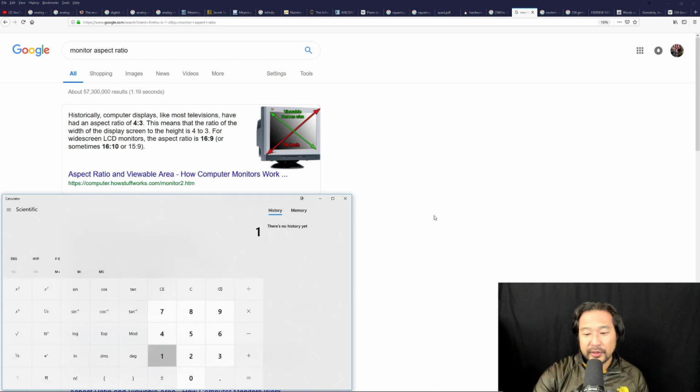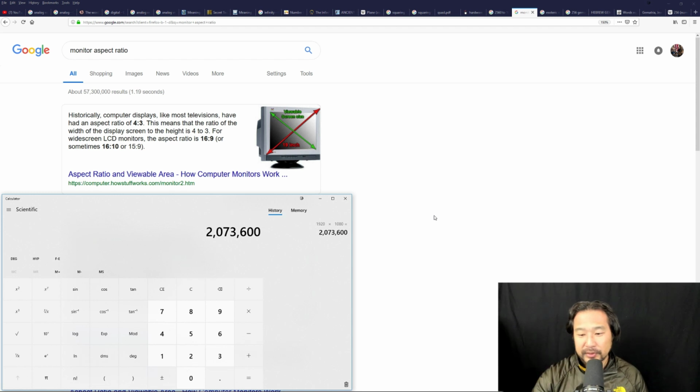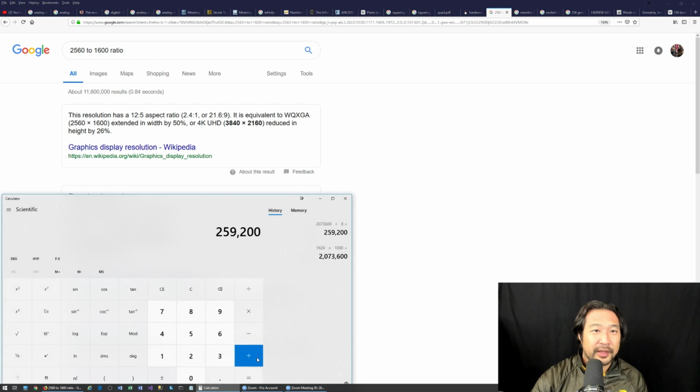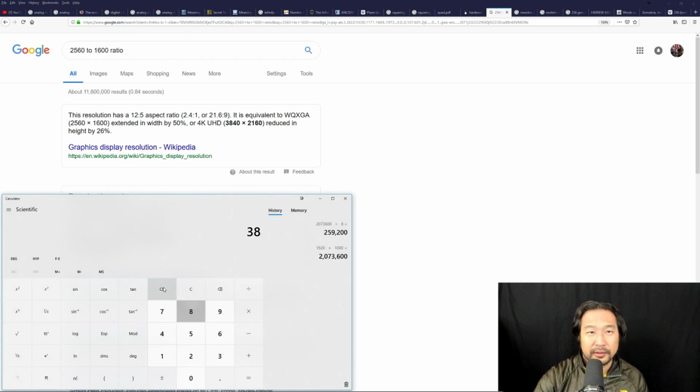If we get 1920 by 1080, which is kind of the standard right now, we get 2,073,600 pixels. And of course, we can always divide that by 8, giving 259,200. The highest monitor resolution is 4K, 3840 by 2160. You can even divide that by 8, and no matter what, you're going to get a whole even number.